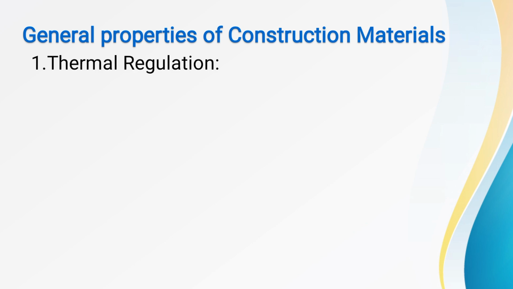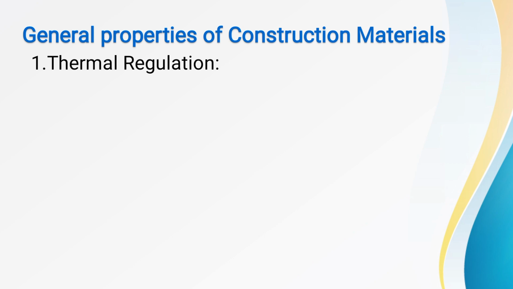These general properties give us some of the factors that we should consider when selecting a material for a particular building construction, which will be affected by the climate of the area and also the needs of the client, among others. So as we look at these general properties, we will also get the factors that will make us select a particular material for a particular structure.